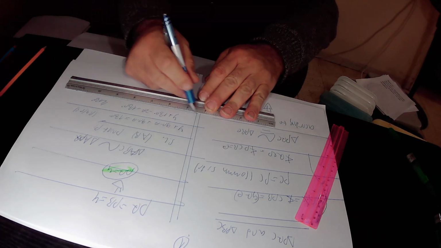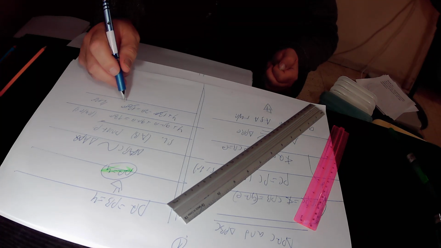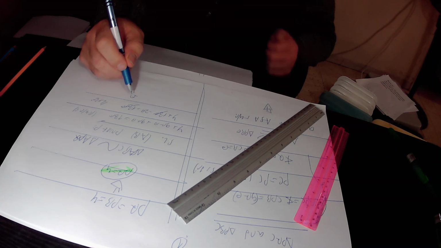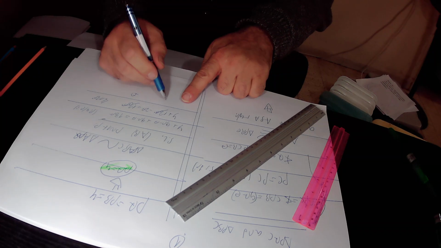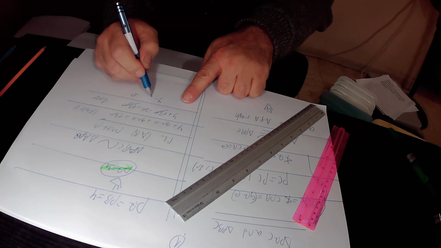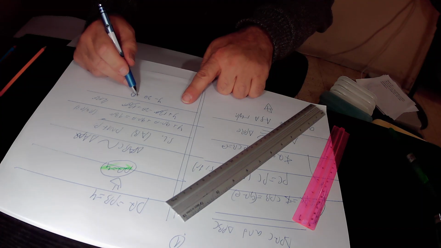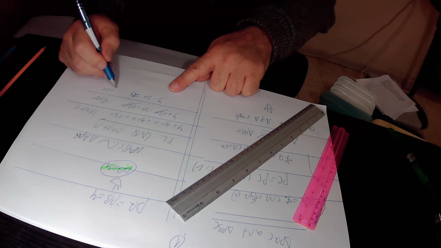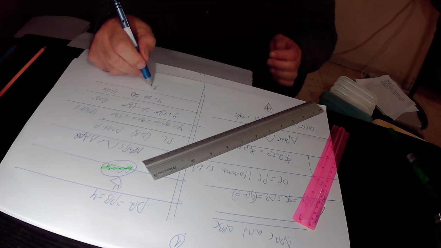So 180 degrees gets cancelled on both sides. On this side of the equation we are left with nothing, that is to say 0. And on the other side we are left only with y minus 2 theta. So we found that y minus 2 theta equals 0. Here we add 2 theta to the equation, and finally get that the missing angle y is equal to 2 theta.